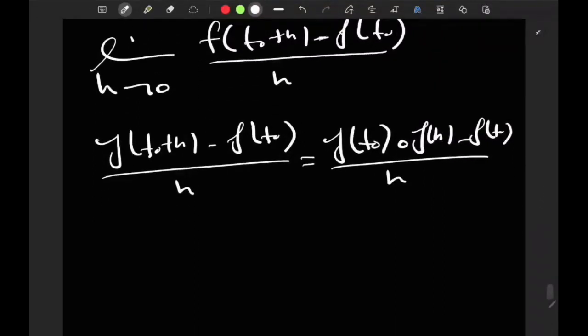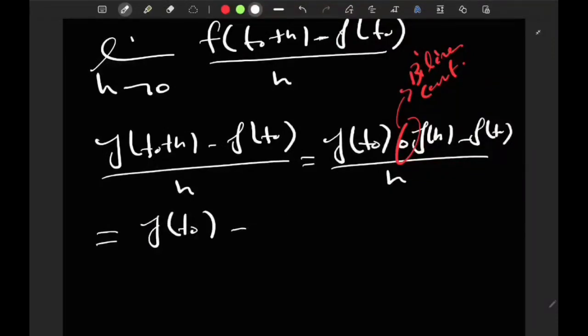Now, since the composition map is bilinear, something we talked about last time, and continuous actually, we can factorize, so to speak. This is the same as f of t0 composed with f of h minus 1.